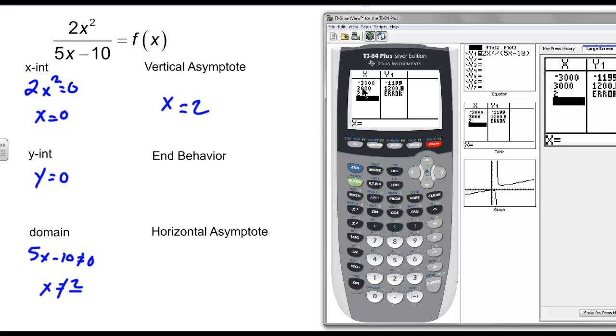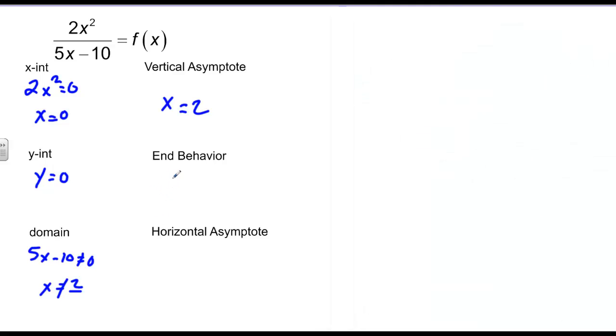When I plug in very big numbers, 3,000 and -3,000, you'll notice that I get very big numbers: 1,200 here, -1,199 here, so almost -1,200. They aren't going to the same number. In fact, they're getting bigger and bigger as I go away. So this has end behaviors of y going to positive infinity and y going to negative infinity.